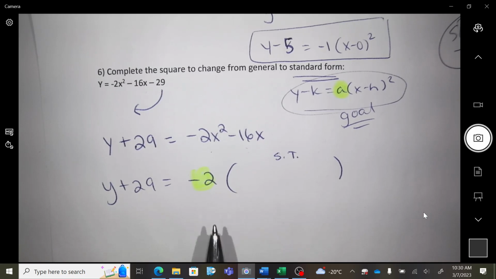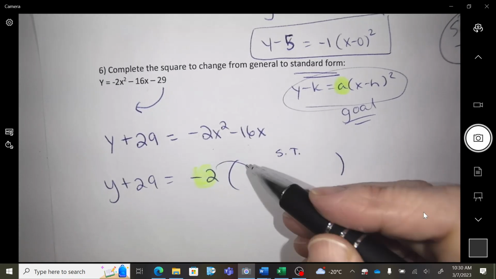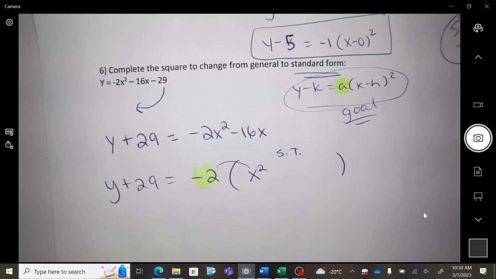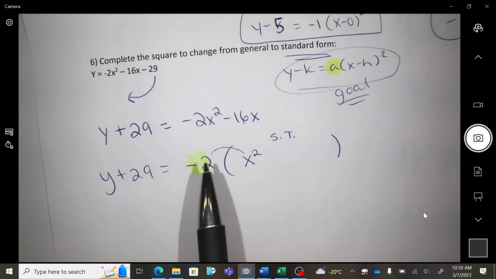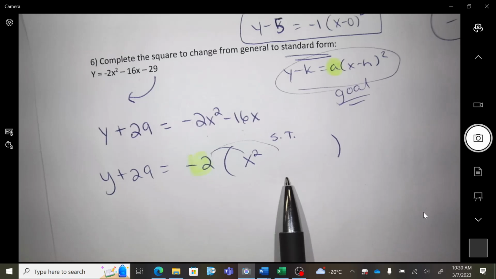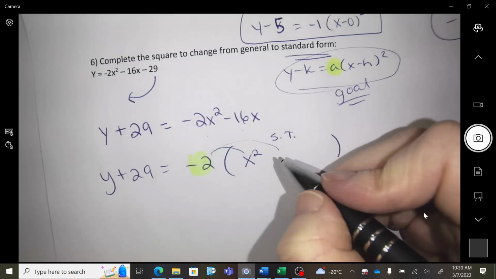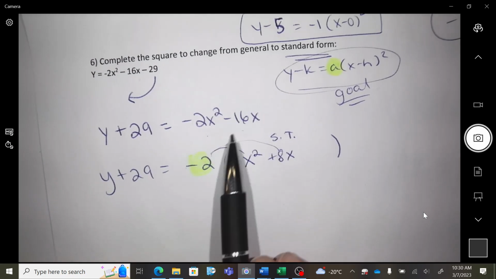Okay, so if I took the -2 out, this would be just an x squared. If I took the -2 out, this would change to plus 8x. See how I still have all that stuff, right?